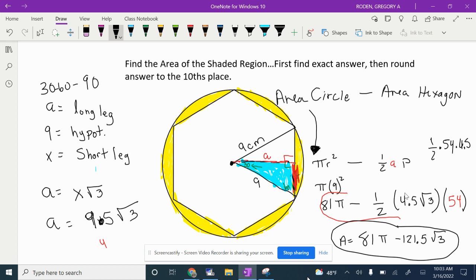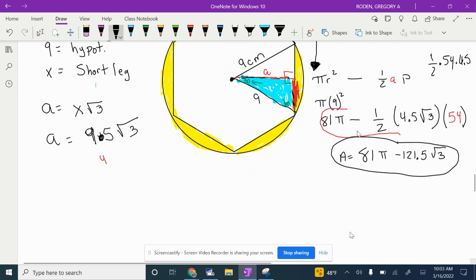Okay. Now it's just number crunching time. You want to use the pi symbol. You don't want to use 3.14 because the pi symbol is going to be more exact. So now area is approximately equal to what? 44.0 centimeters squared.